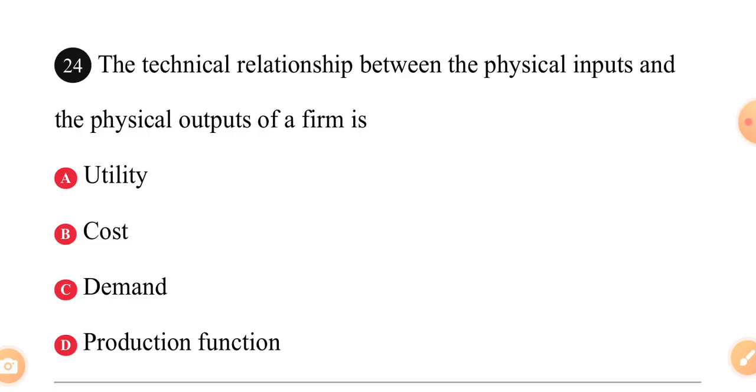C, demand. D, production function. The answer is D, production function. Production function is the relationship between the physical input and the physical output of a firm.